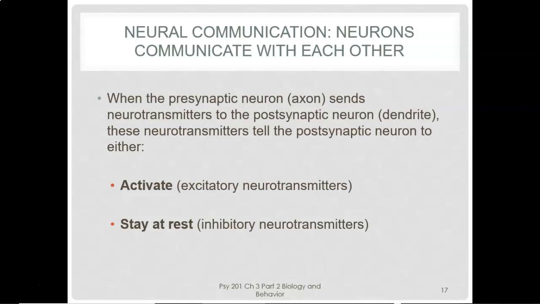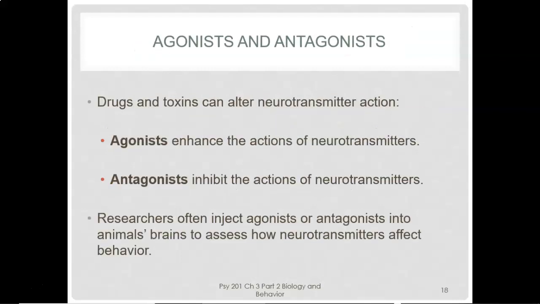I'll talk about that. Now, different neurotransmitters send different messages. So dopamine is an excitatory neurotransmitter. GABA is an inhibitory neurotransmitter. I'll talk more about individual neurotransmitters in a little bit. Now, drugs and toxins can alter neurotransmitter actions. There are what are called agonists and antagonists.